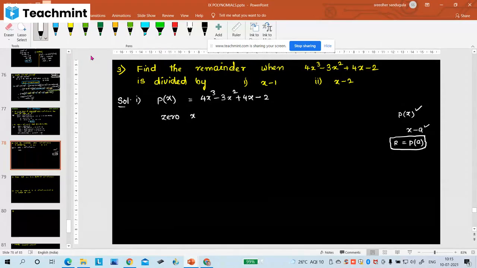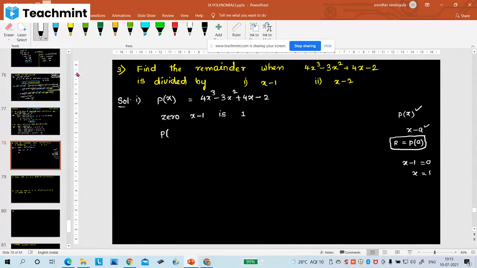Zero of x minus 1 is 1. How to get the zero of the polynomial, I also explained to you. In rough work I will show once again. If you want to find the zero of the polynomial x minus 1, take the polynomial equal to 0, then x equals minus 1 comes here plus 1. 0 plus 1 is 1. That's why 1. Now in the place of x you have to write 1.